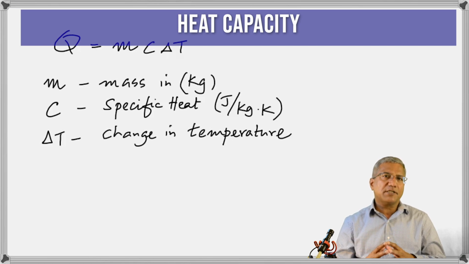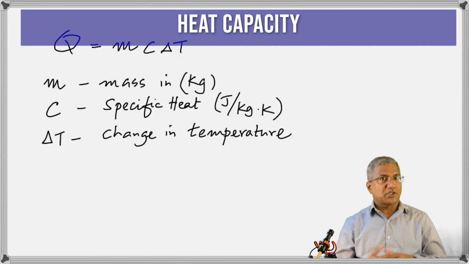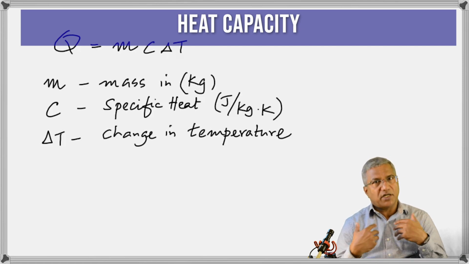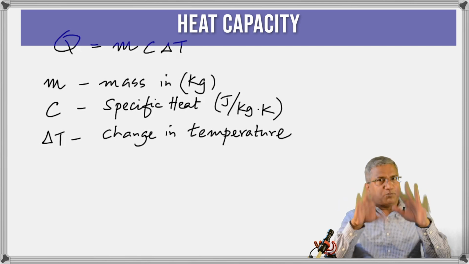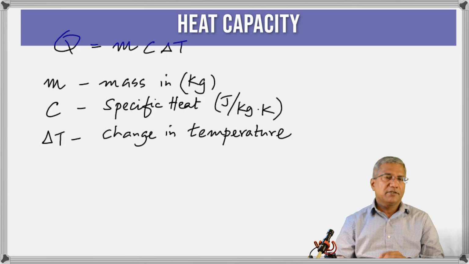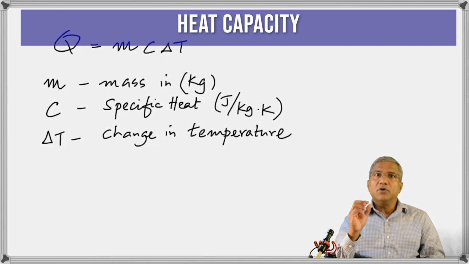This is one of the reasons why the human body temperature doesn't go up that fast, because 75% of us is water. That applies to everybody. That's also another reason why even in a hot summer, you can jump into a swimming pool in Texas, because the temperature of water will not go up so fast.